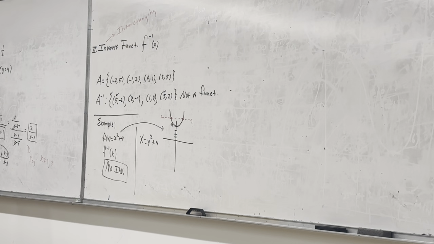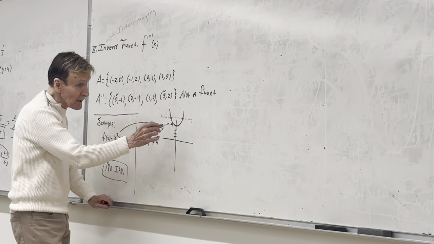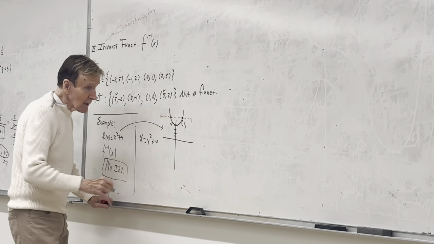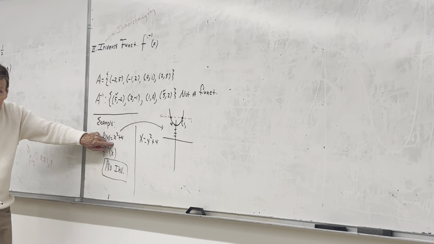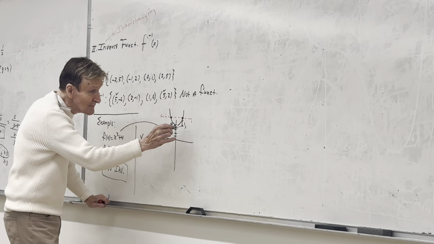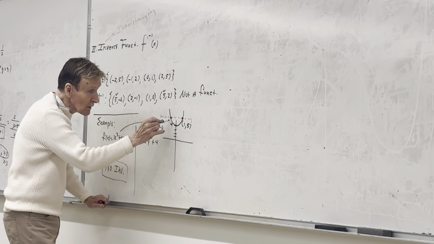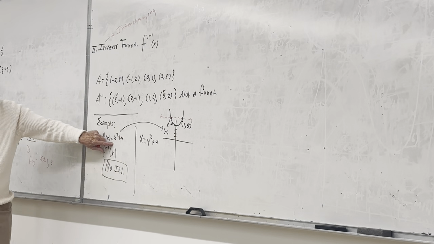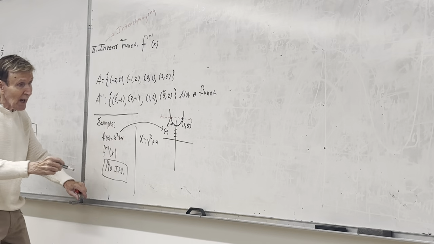Now why? You saw why this thing up here had no inverse. Why here? Suppose I ask you to plot a couple of these points for me. As I say, this is 1. I'll replace x by 1 and do the math here, I get a 5. Suppose over here I label this point as -1. What would I get if I put a -1 in here? -1 squared plus 4 gives me a what? 5.